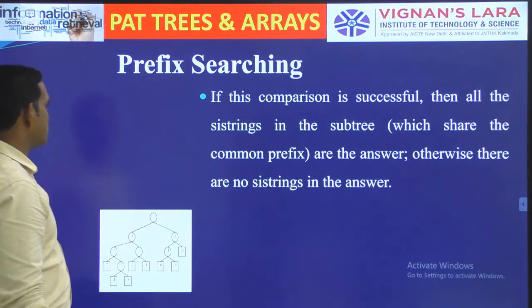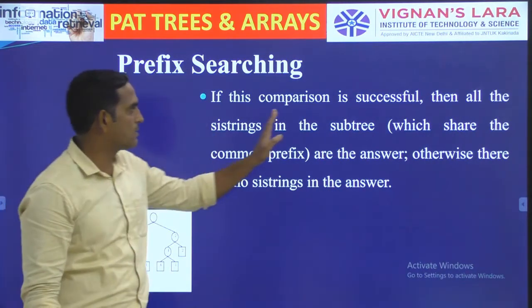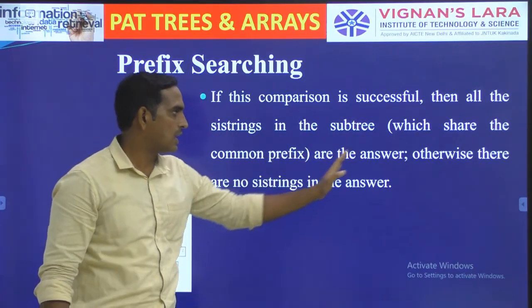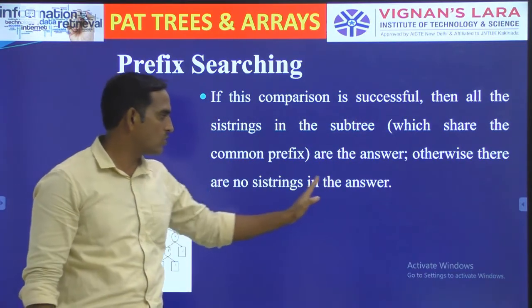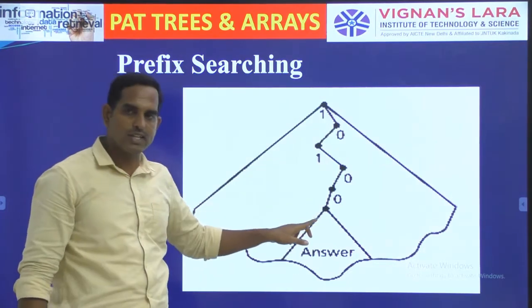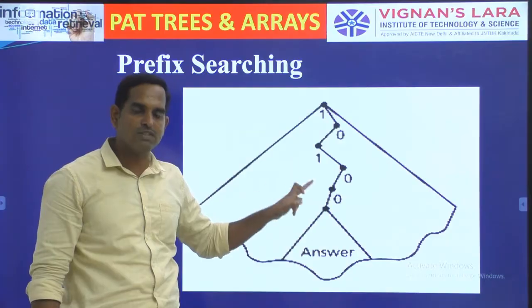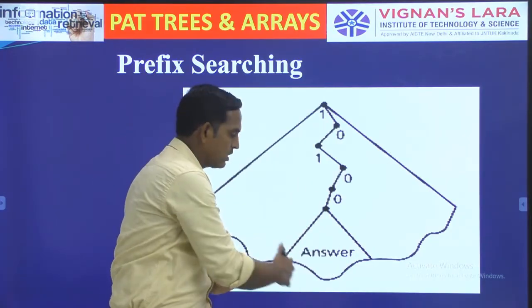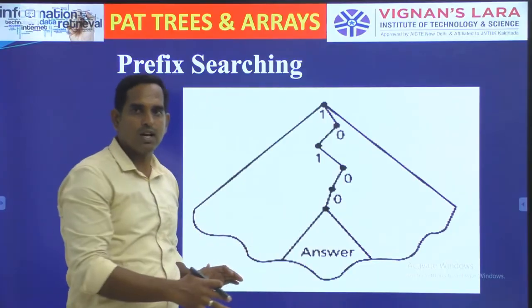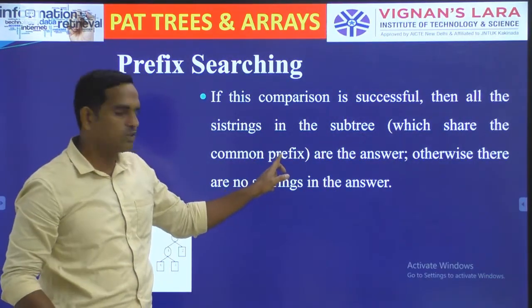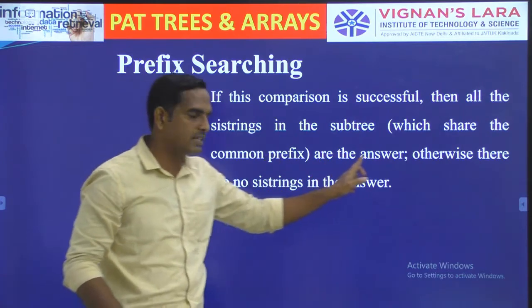If this comparison is successful, then all the strings in the subtree are the answer. Otherwise, there are no strings as the answer. As I told you, if it is successful, that is, you have ended up at one of the internal nodes, all those strings in the subtree share the common prefix and are the answer.